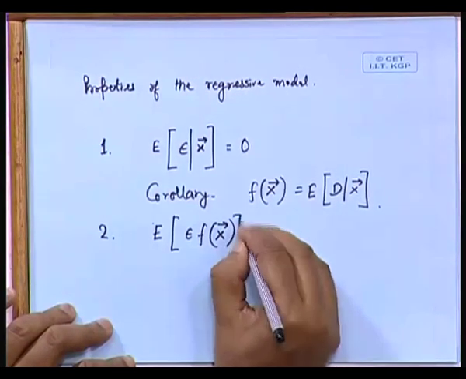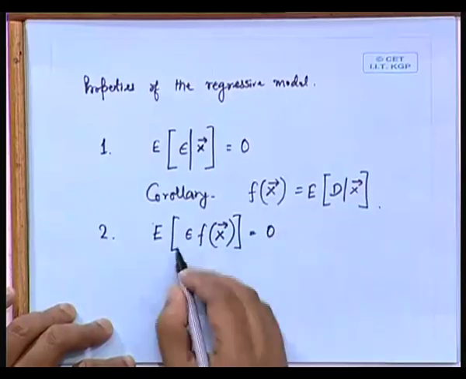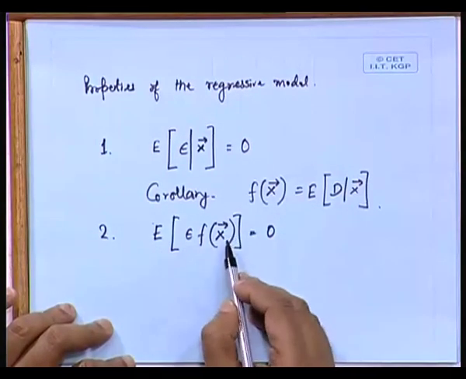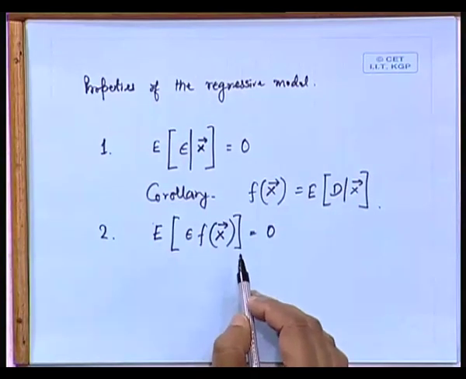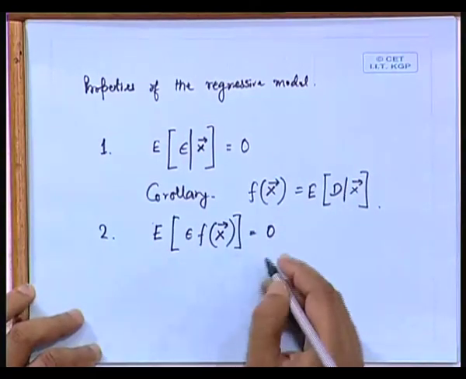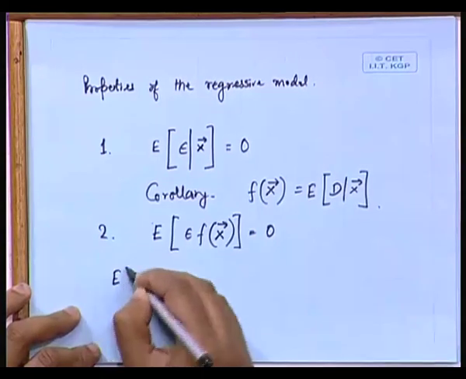So, that means the expectation of epsilon f(x vector) is equal to 0. In fact, it is quite easy to see that. You can simply see it like this.